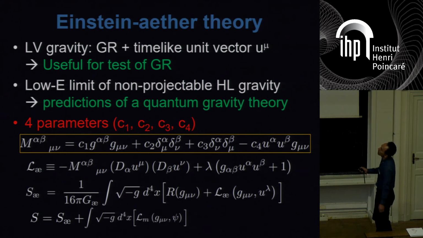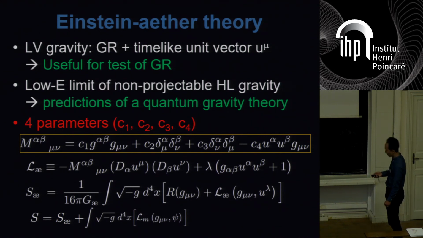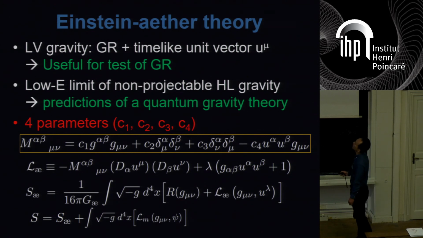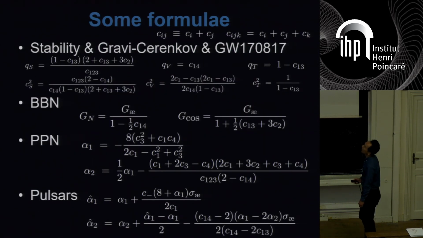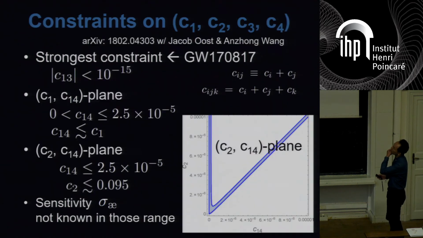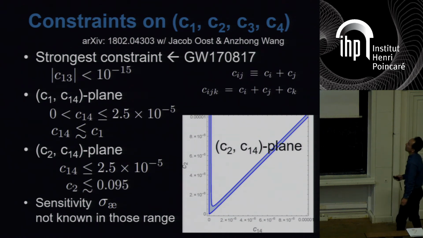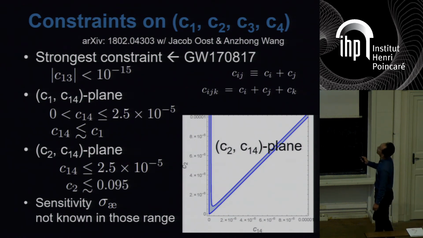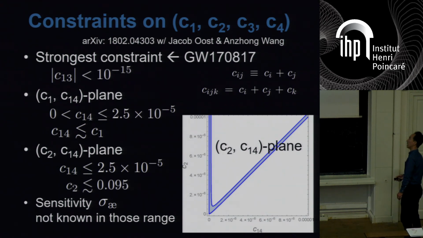This theory has the GR action plus four parameters given by this. Don't worry about these formulas. We just have four parameters: c1, c2, c3, and c4. And we have constraints on those parameters. First, the strongest constraint comes from this event. This combination c13, which is the sum of c1 and c3, must be smaller than this. This is a very strong constraint.